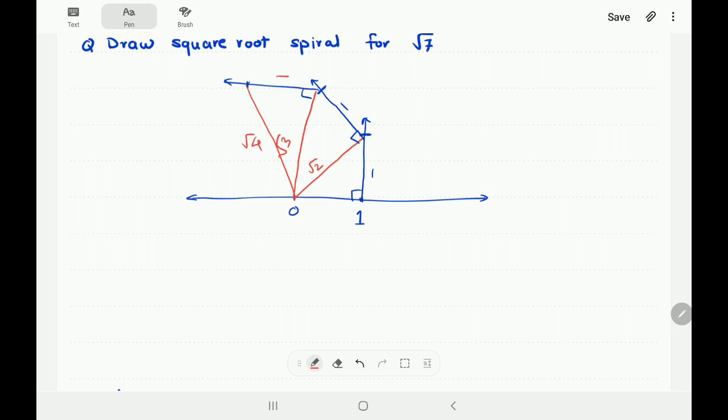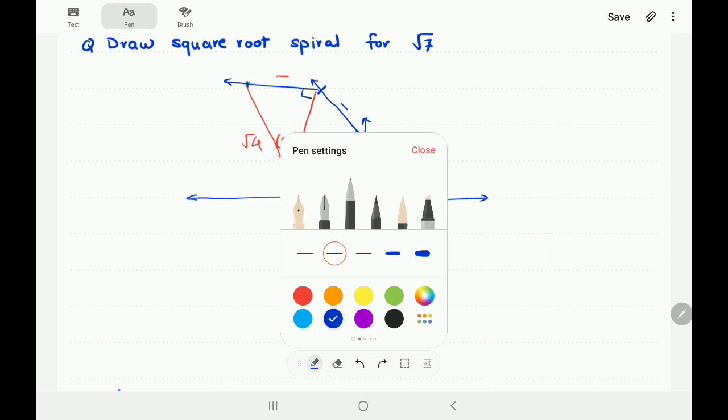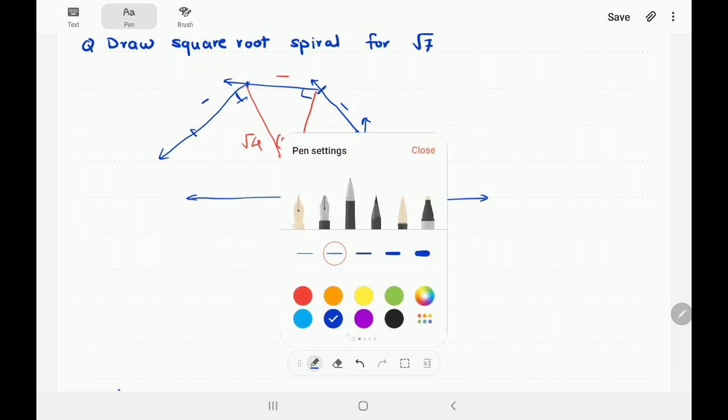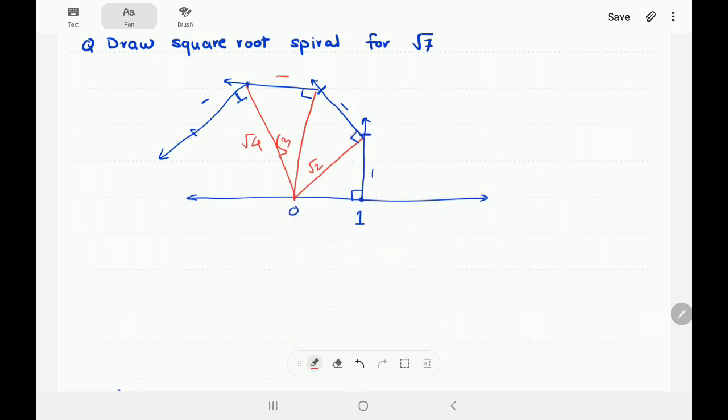Next, 1 unit I'm adding, right? Again, I draw a perpendicular on root 4 in this manner. On root 4, I draw a perpendicular and take 1 unit distance, right? This is 1 unit. And if I join it with the origin, is it going to be root 5?